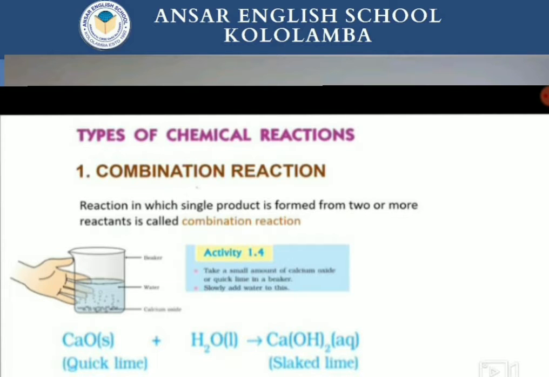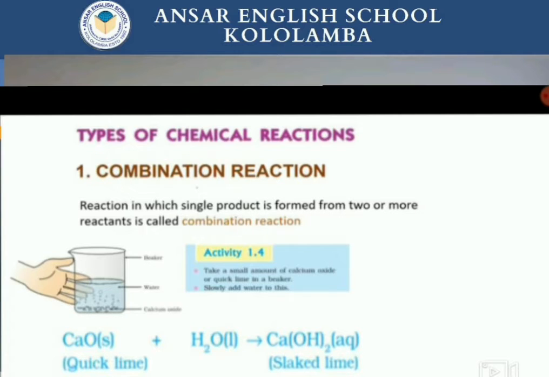This is called a combination reaction. In our textbook activity 1.4, we take a small amount of calcium oxide or quicklime in a beaker and add water slowly to the beaker. This is the preparation reaction of slaked lime.